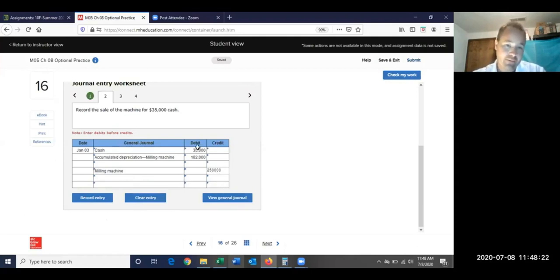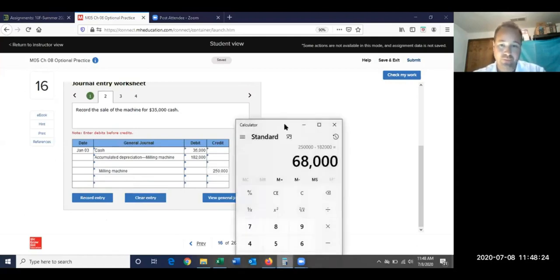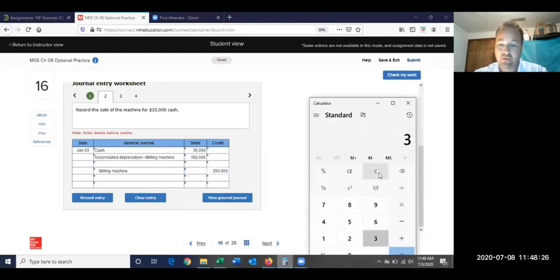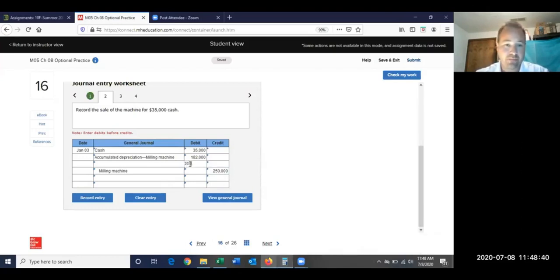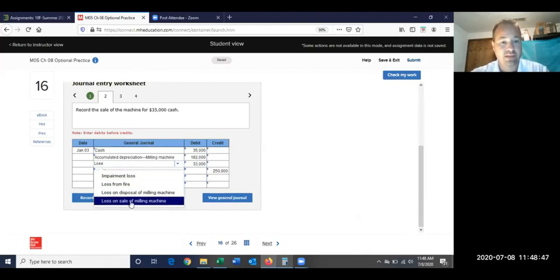Now, if I add up these two, 35,000 cash plus the depreciation that I've taken, my debits are only 217. I need to get them up to 250. So the difference is 33,000, that is my loss. Loss on sale.